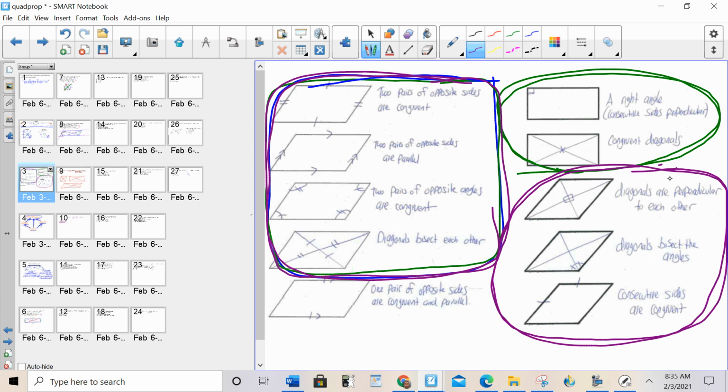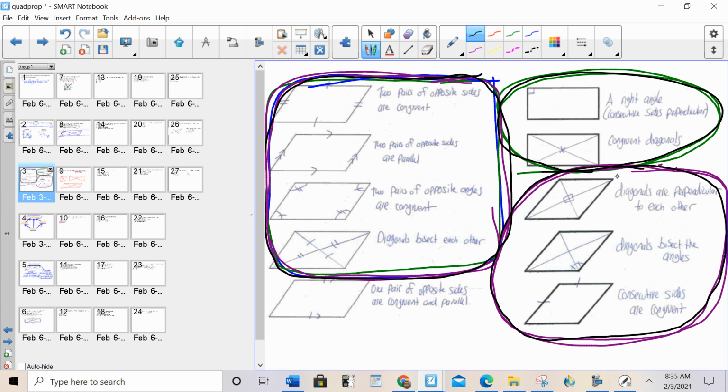A square has to be a parallelogram. It has to have a property of Papa rectangle, and it has to have a property of Mama rhombus. Again, it's the baby of the rectangle and the rhombus, so it has to be a rectangle, has to have one of the rectangle properties, has to be a rhombus, has to have one of the rhombus properties.